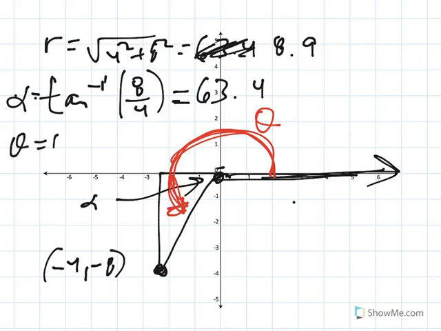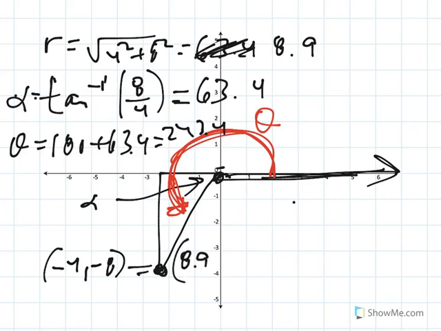So theta is 180 plus 63.4, which is 243.4. Now that I have that, my answer is going to be 8.9 cosine 243.4, comma 8.9 sine 243.4.